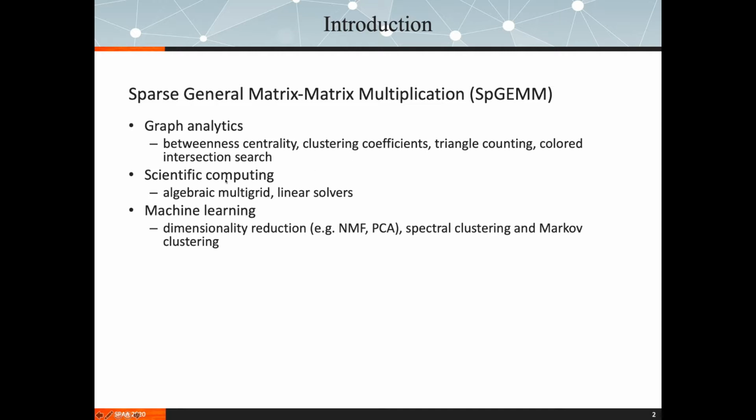In scientific computing, SpGEMM is used in algebraic multigrid and linear solvers. Many machine learning tasks like dimensionality reduction, spectral clustering, and Markov clustering also rely on a very efficient SpGEMM algorithm. So it's not a surprise to see that there are many algorithms out there.